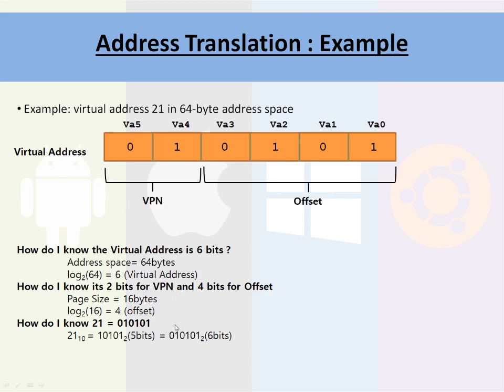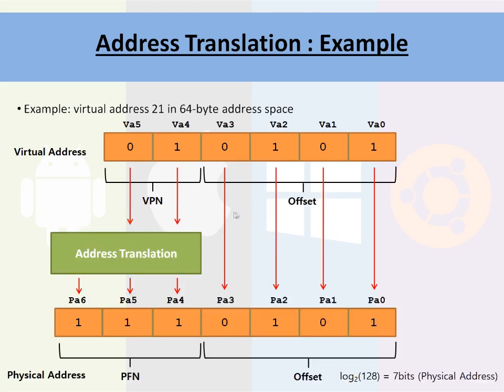So now the 01 becomes our VPN, and the 0101 is our offset, as you can see here. So that's how I got the virtual address in its proper form. Okay, but that's only half of a translation, right? We need to go from the virtual address all the way to the physical address. And that's what we're going to do.